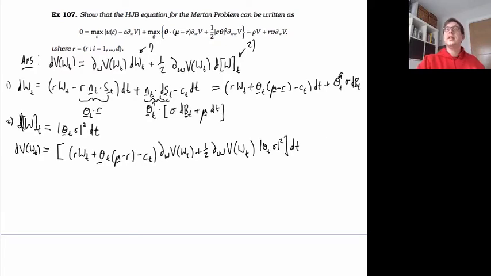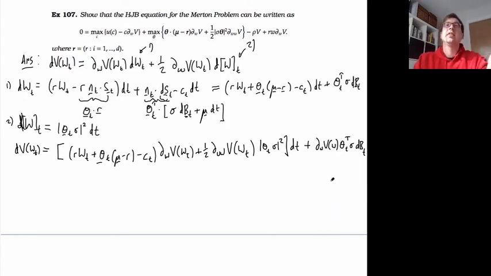Then the diffusion part applied to this: first, pardon me, no half, so I'm going to get this term here applied to dB_t.